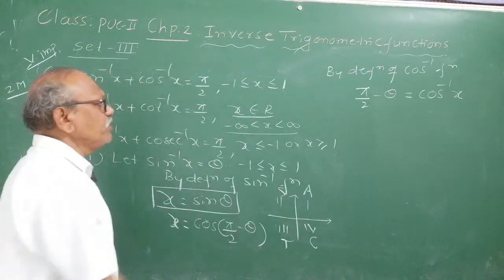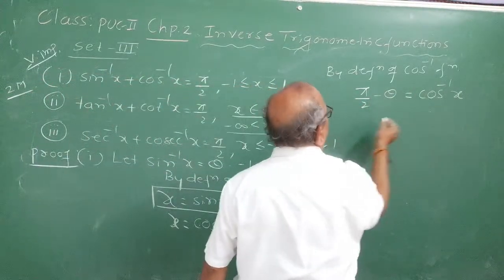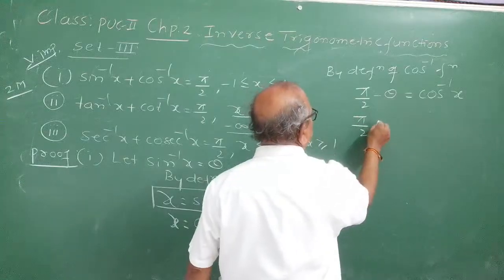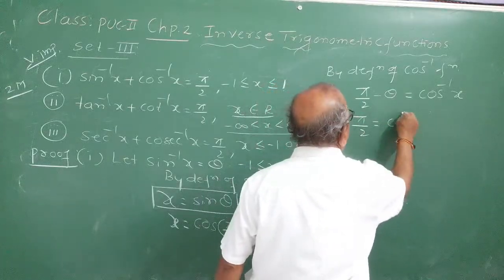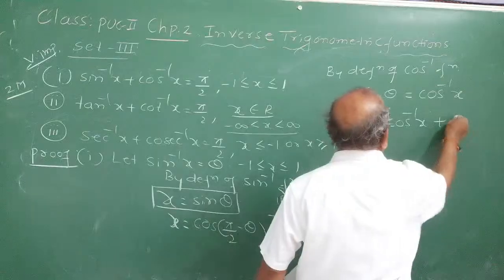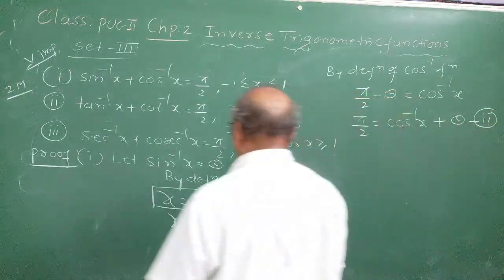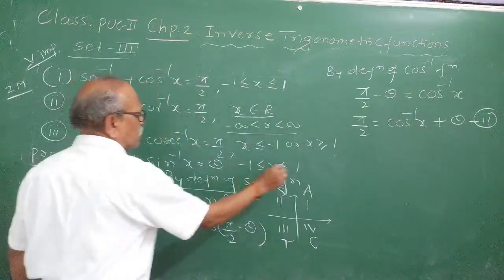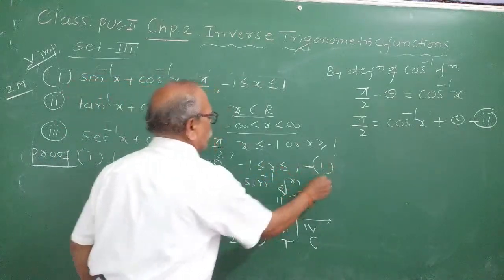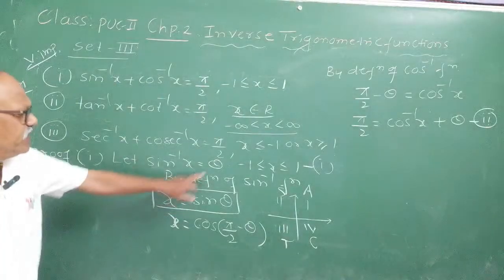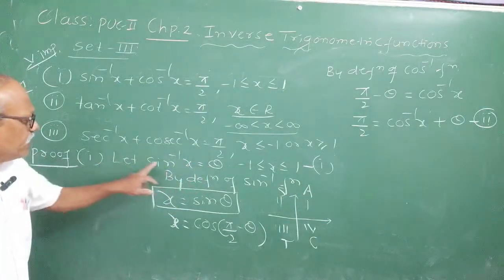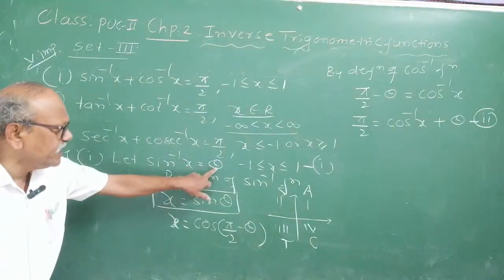Let me take this minus theta to the right. What I get? Pi by 2 is equal to cos inverse x plus theta. Call it as equation number 2. Let me call this one as equation number 1. Observe. What is our assumption of theta? In the beginning, we assumed that sin inverse x is equal to theta.